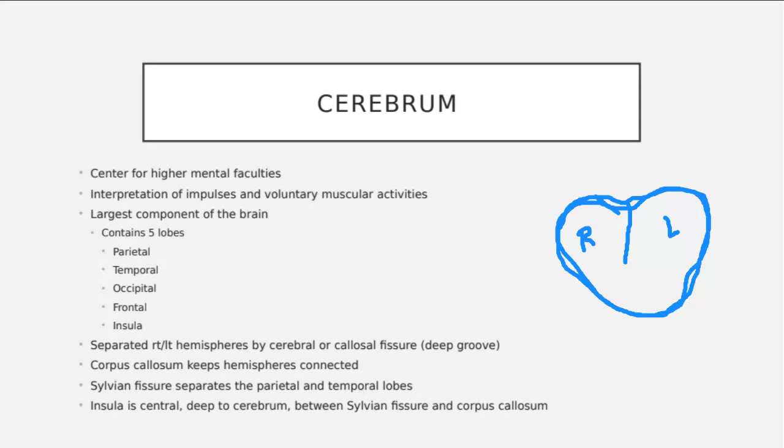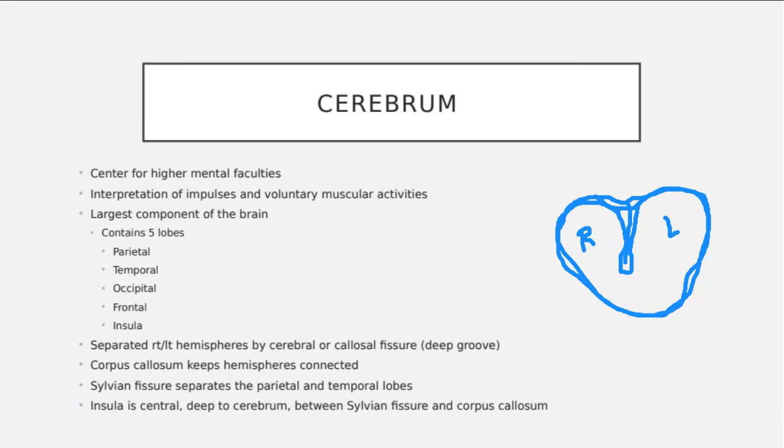It's going to sit in the callosal fissure. So the callosal fissure is the space between the right and left hemisphere, but the falx cerebri is the membrane separation that sits in the callosal fissure that provides that separation. So hopefully that makes a little bit of sense there.